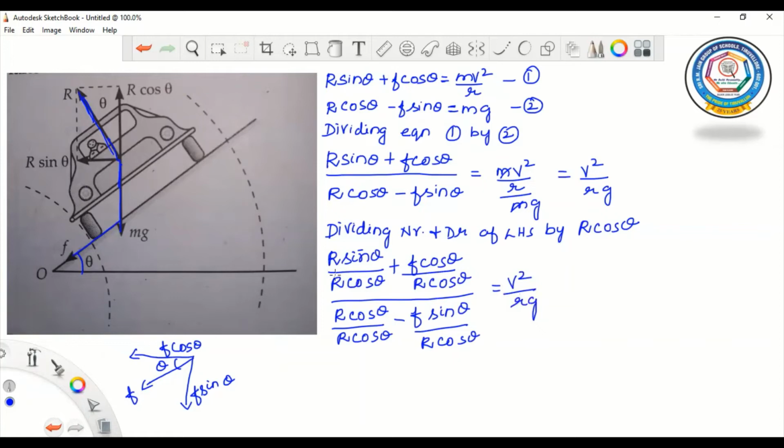So this R and R get cancelled, cos theta gets cancelled.